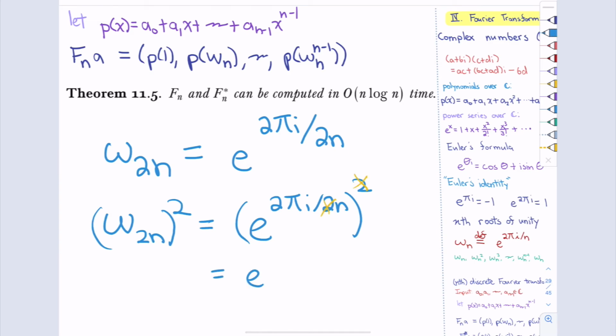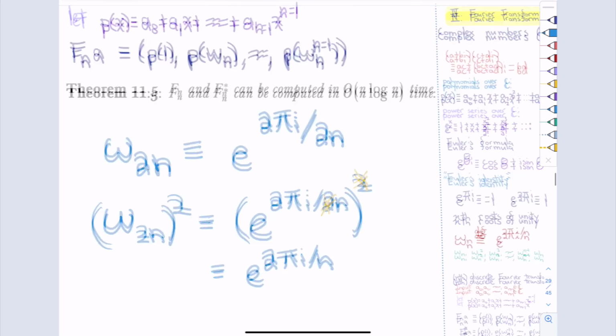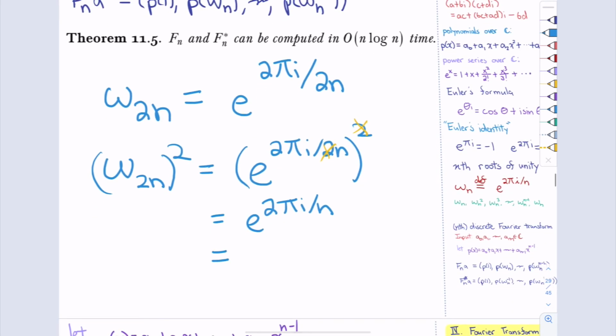I get e to the 2 pi i over n, and this is equal to the nth root of unity. So there's some kind of doubling trick going on here. There's a little extra symmetry. Algebraically simple, but still kind of funky.